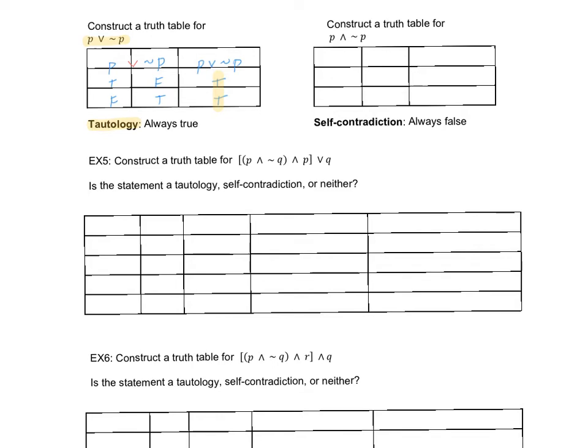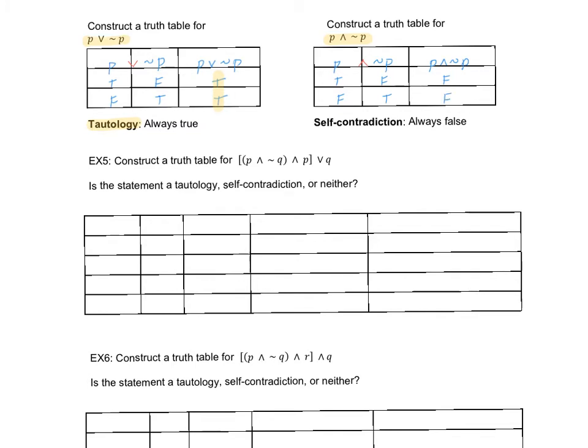What happens if we change that statement from an or to an and? So again, notice we just have one simple statement, P, which can be true or false. I need to figure out not P before I could figure out P and not P. So if P is true, false, then not P is false, true. And then when we look at this and, true and false is false, false and true is false.